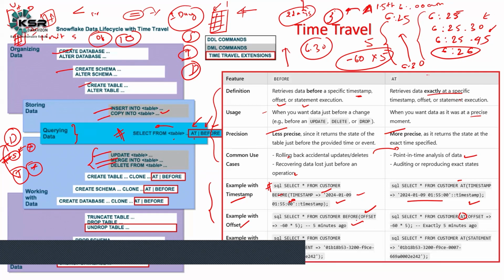Now you come and say at 6:30 that you don't want to see all these changes, only the changes from 6:25 and before.